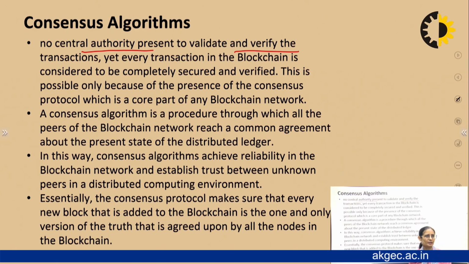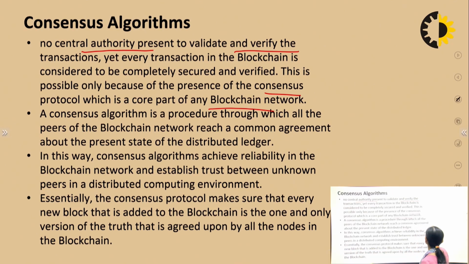Yet every transaction in the blockchain is considered to be completely secured and verified. This is possible only because of the presence of a consensus, that is an agreement protocol, which is a core part of any blockchain network. Also, the parties or users operating on this network are not trusted parties. They don't trust each other.